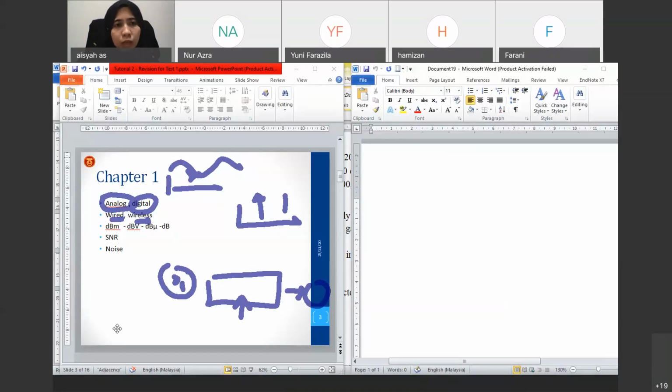Both wired and wireless have advantages and disadvantages. So you need to know the advantages and disadvantages of wired and wireless transmission channels.